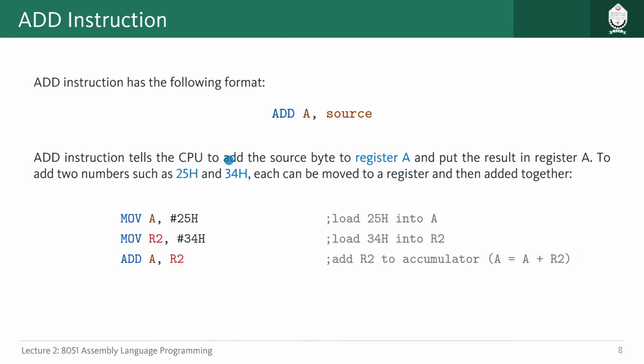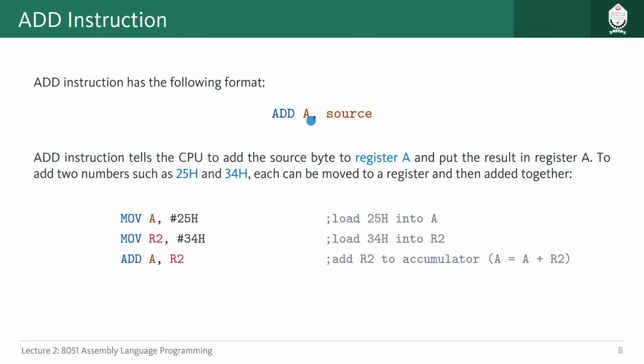Now next, let us try to understand the add instruction. Similar to the mov instruction, the structure is almost the same, but here we are trying to add two values, right? One of the values will come from the source, and that will be added with what is already contained inside register A. So register A plus source will be the result, and that result will also be saved onto register A, which is called the accumulator, right?